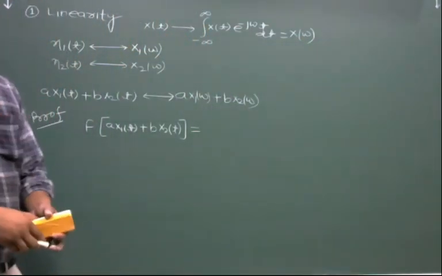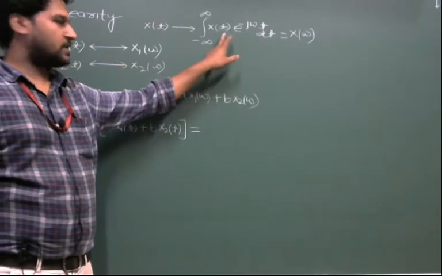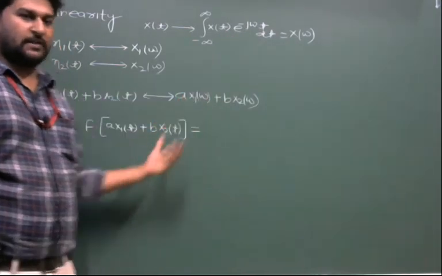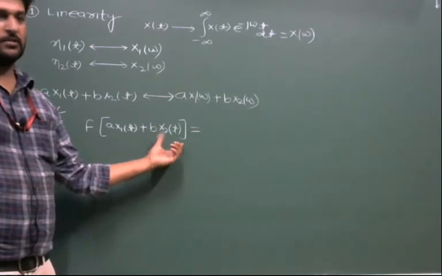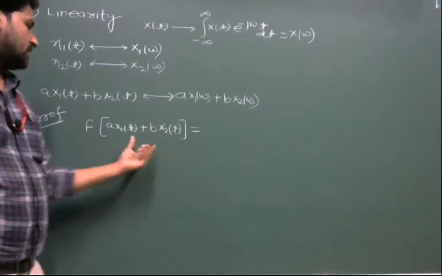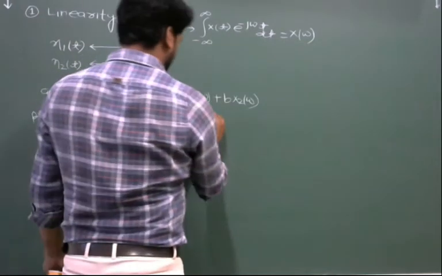Now instead of x(t) here, the function given is a x1(t) plus b x2(t). So in place of x(t) I will write a x1(t) plus b x2(t).